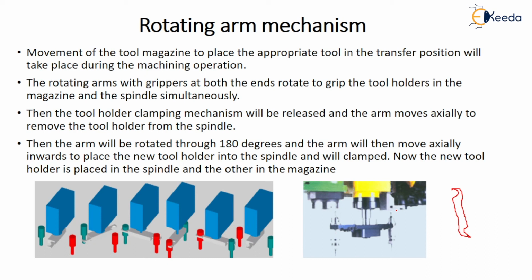What will happen, if you observe, is that there is one of the spindles, and if you consider the circular magazine, or circular position of all the tools, there is one clamping force. That clamping force is released and the tool is collected in this particular part, this arm mechanism.